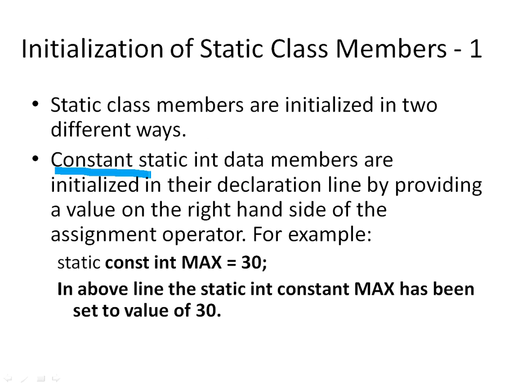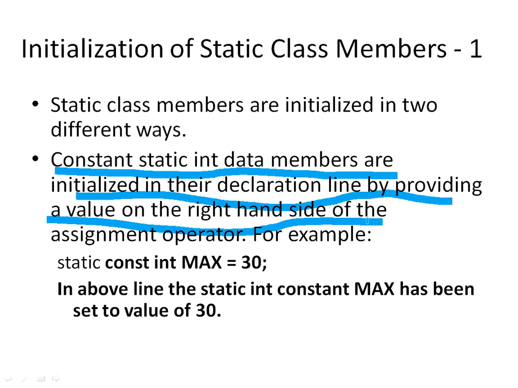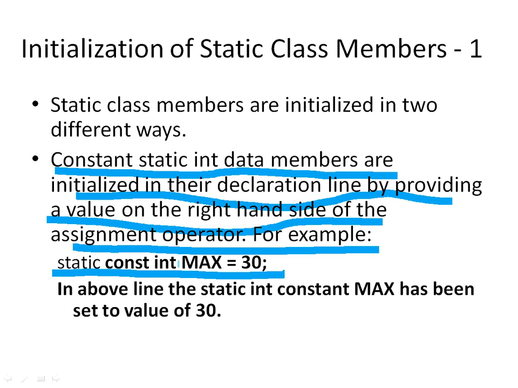The constant static int data members are initialized in their declaration line by providing a value on the right hand side of the assignment operator. For example, generally for declaring an array inside a class, I might need the array length max, so I could make this declaration: static const int max equals 30.